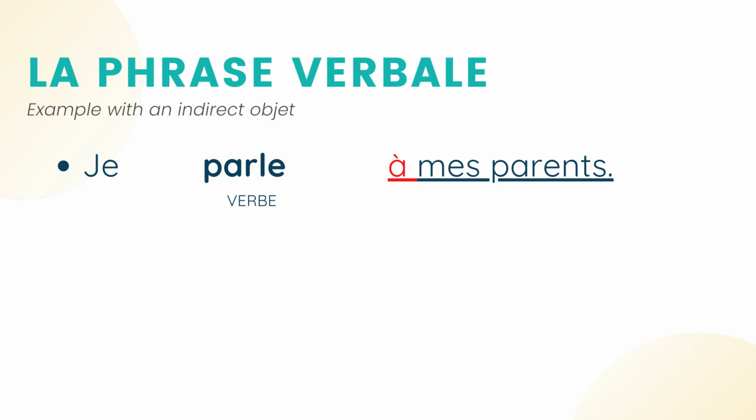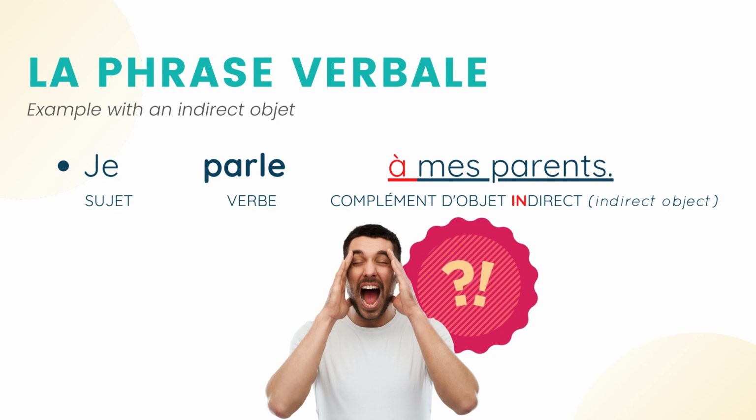My verb is related to a subject, which is je parle. But I'm adding information to my statement, and I'm saying to whom I'm speaking. And I'm speaking to my parents. Je parle à mes parents. And in French, this is called un complément d'objet indirect.